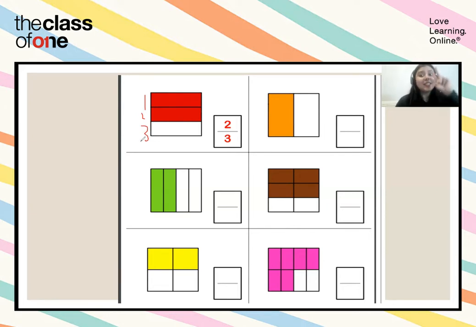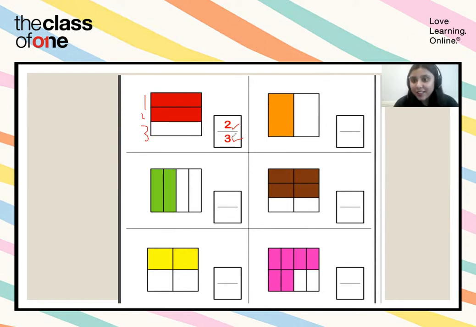Yes, it is 2. And how have we represented it? The shaded parts are written on the top and the total parts are written on the bottom. This is how we represent fractions.